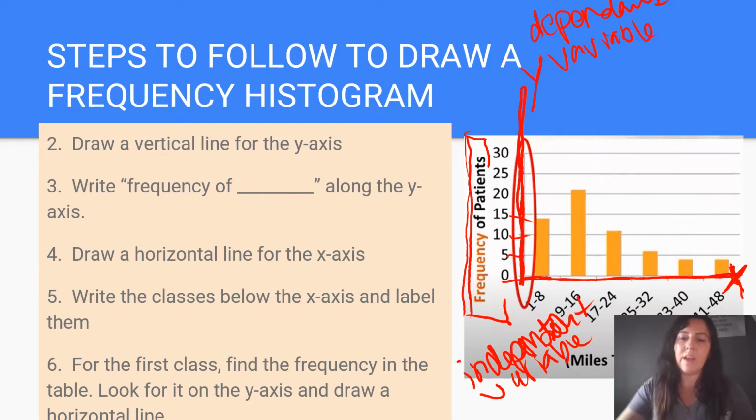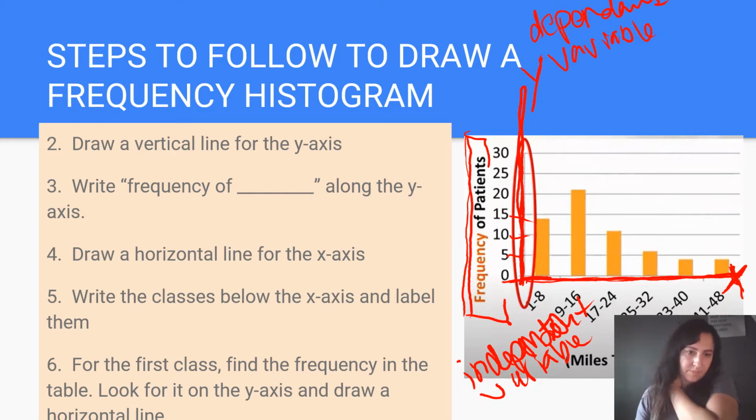Each class is going to be an 8-mile difference. What is written here are the different classes or levels of the independent variable, and that is what we put on the x-axis. So that's how we're going to label that.